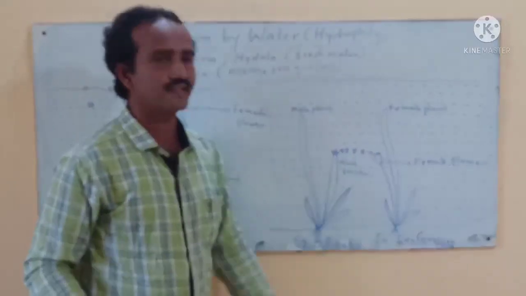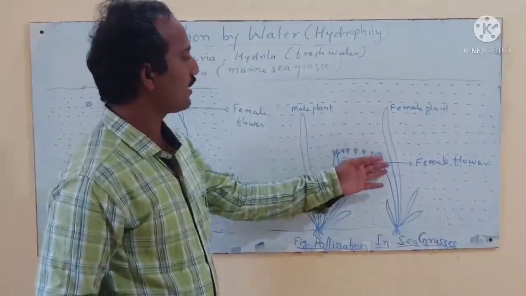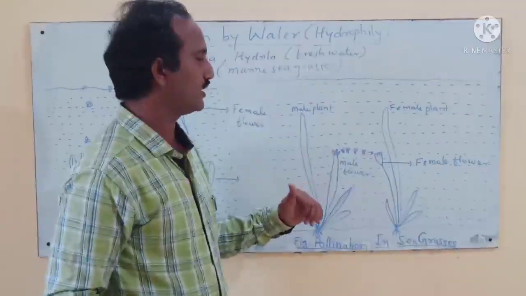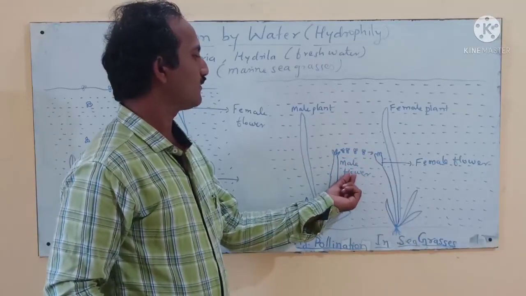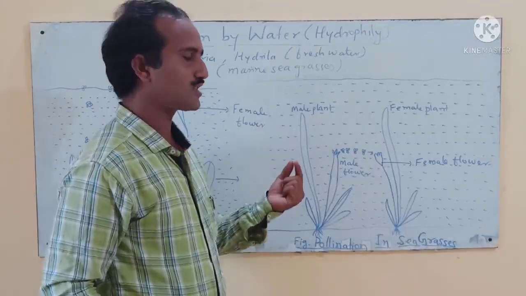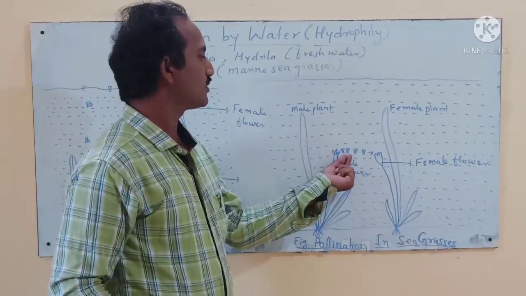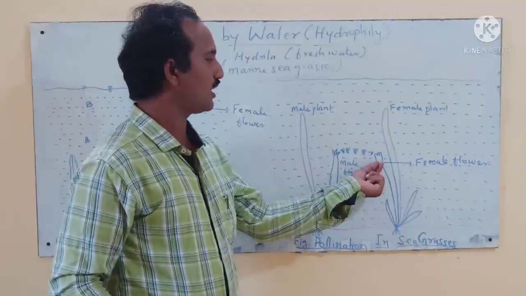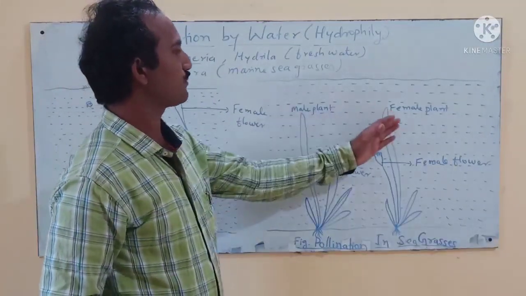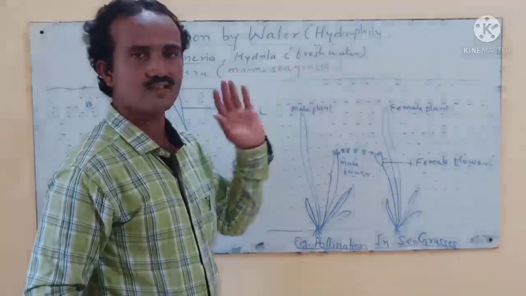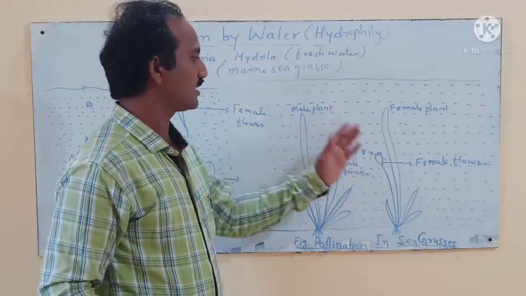Whereas in seagrasses, the female flower is present inside the water only, where the male flower will release the pollen grains which are ribbon in shape, that reach the stigma and pollination takes place. So here we observe two types of plants, that is the male plant as well as the female plant, and different types of flowers.